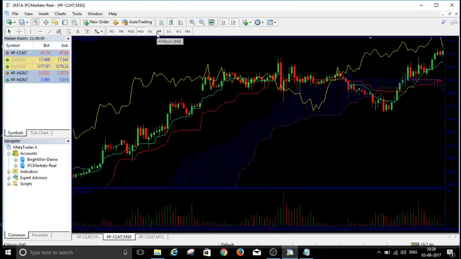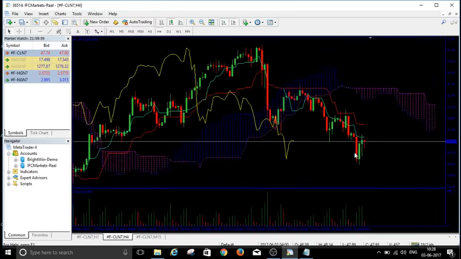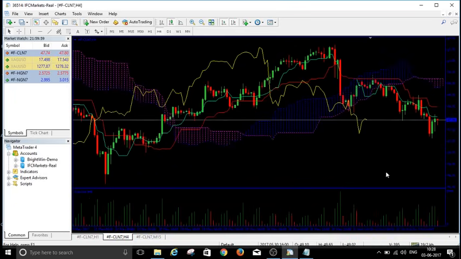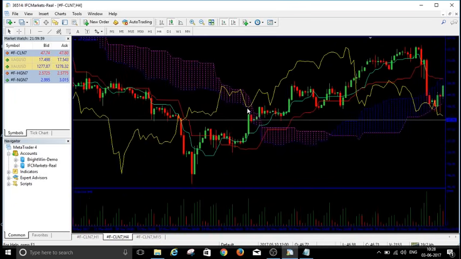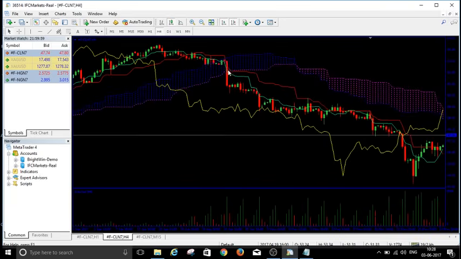So see this, how this Kumo floor and ceiling serve us. Here, thin cloud, easily broken. When the cloud is in this way, there are chances it will be broken. But if clouds are like this, there are certain chances of breaking. See this, it broke a ceiling.